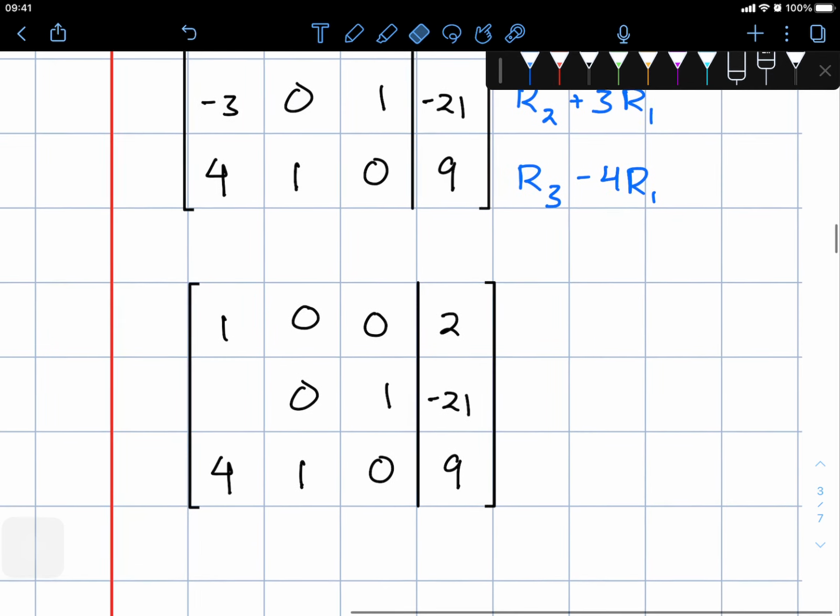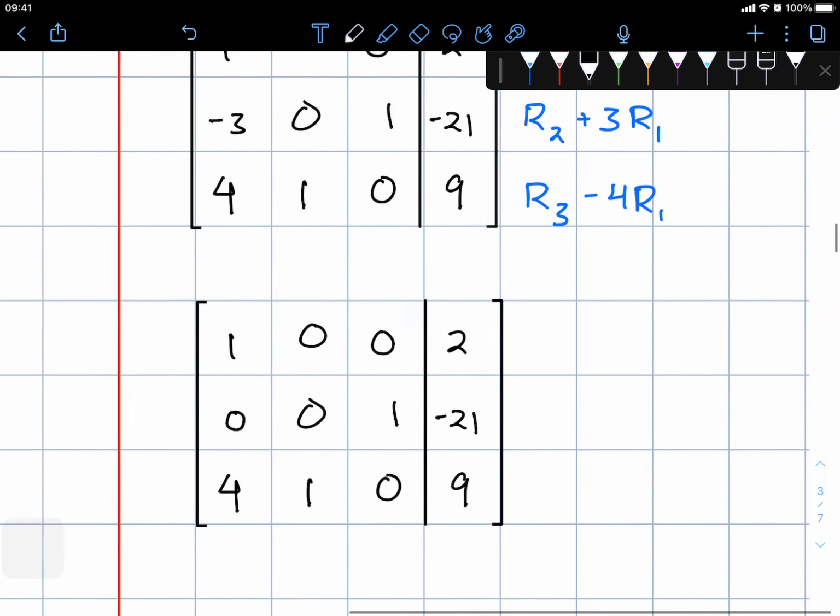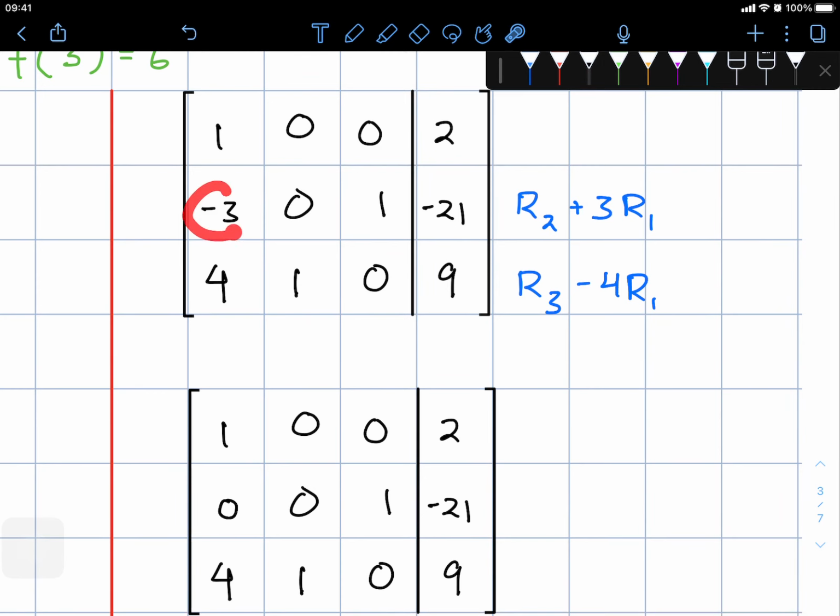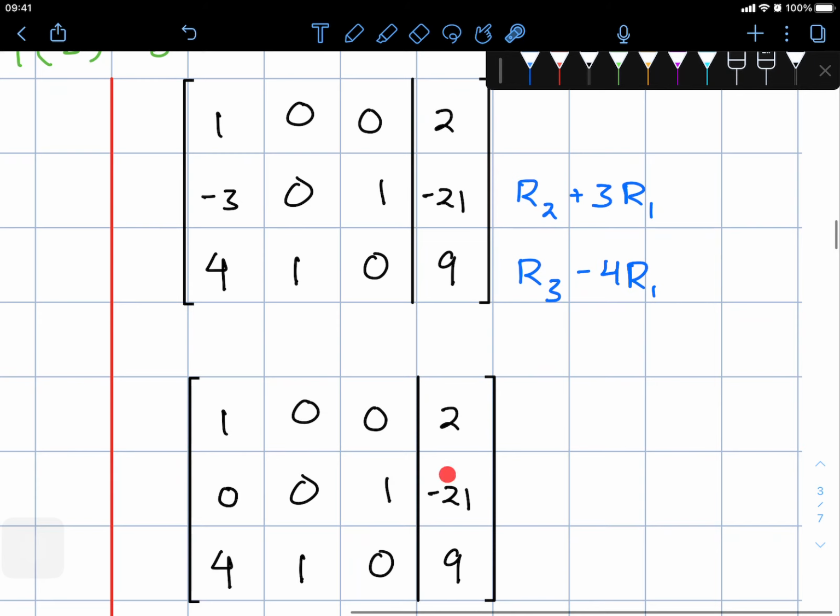This will definitely become 0 because we've added. So -3 plus 3 times 1 is 0. -21 plus 3 times 2, which is 6. So -21 plus 6 is -15.